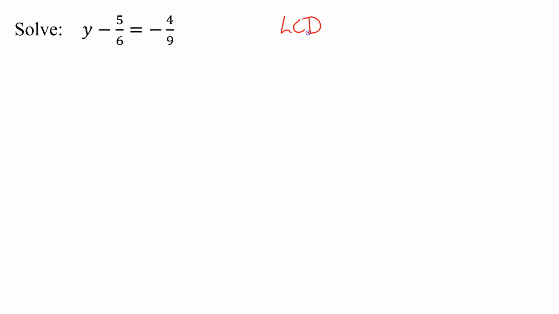So the first thing we're going to have to do is find the least common denominator. And to do that, it helps if all of our denominators are in prime factored form. So 6 is 2 times 3, and 9 is 3 times 3. So to find the LCD, you go to your first denominator, and I need a 2 times 3.